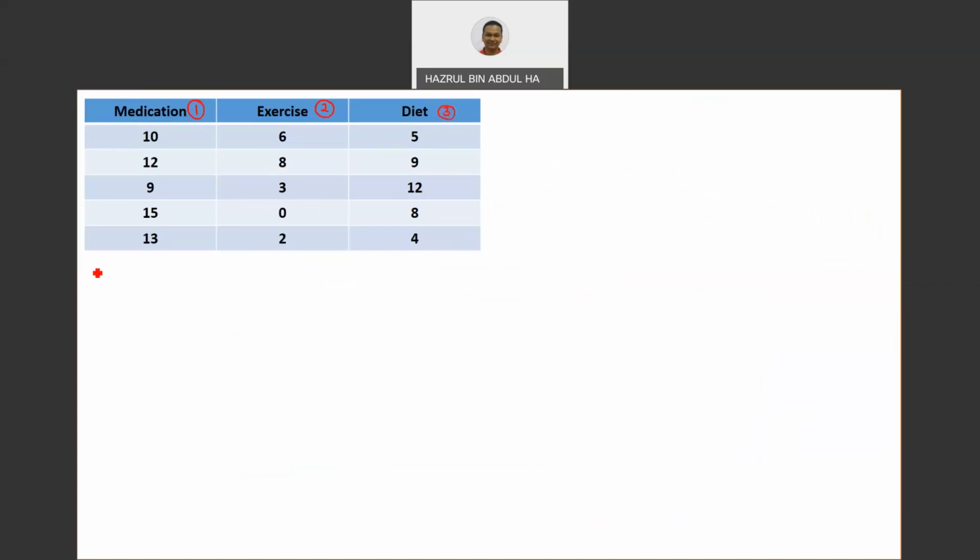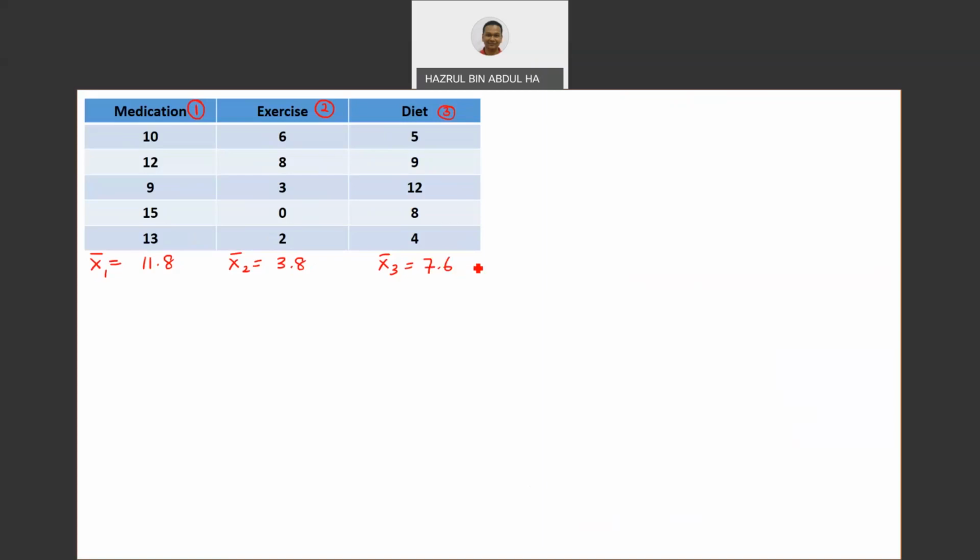The mean for the first group, x bar 1, is equal to 11.8. The mean for the second group, x bar 2, is equal to 3.8. The mean for the third group is equal to 7.6.